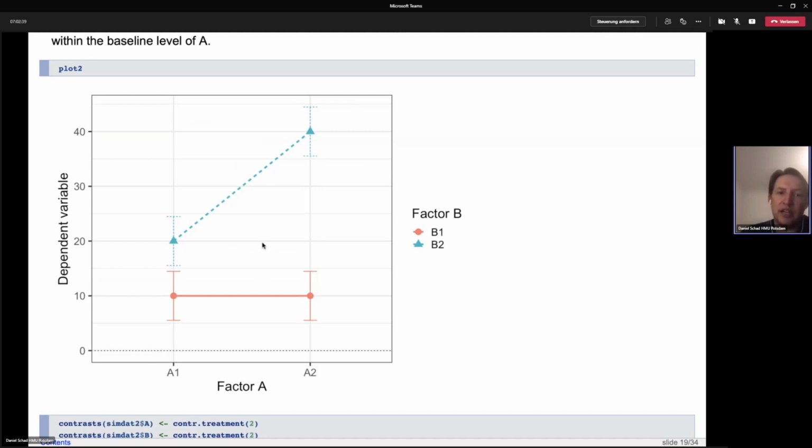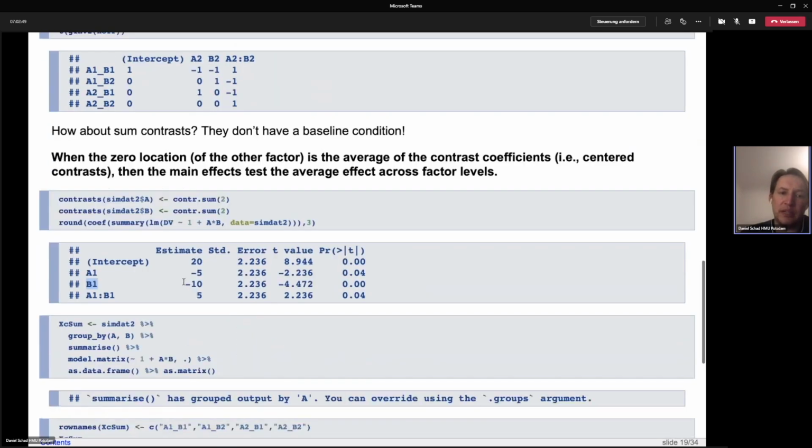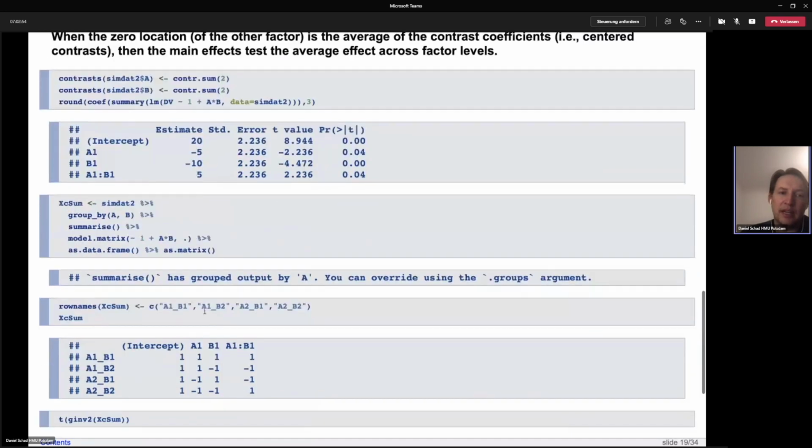So the average of 10 and 30 is 20. Again, this is a sum contrast. So the sum contrast doesn't test the whole difference, but it just tests half the difference. So 20 divided by 2 is -10. And we can again extract the contrast matrix for this.